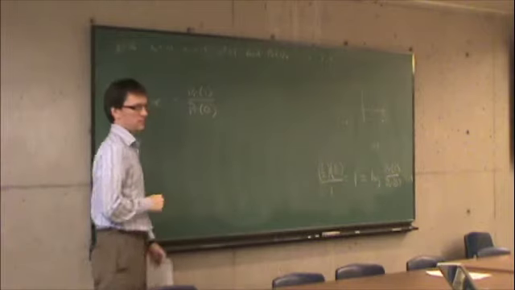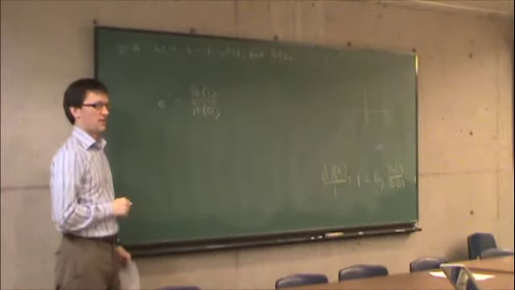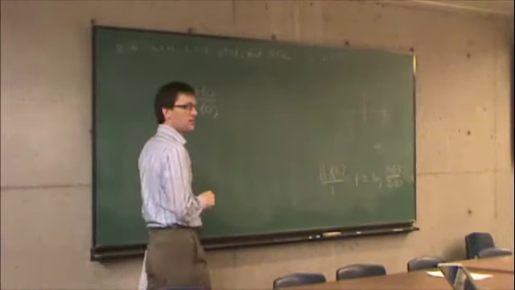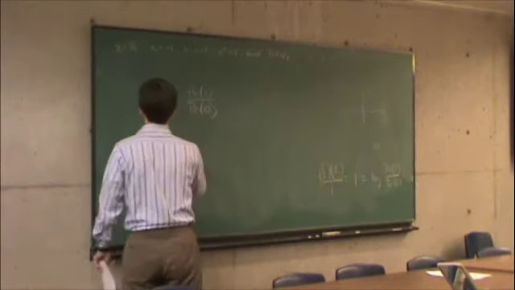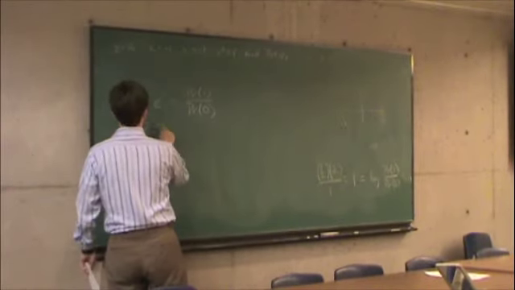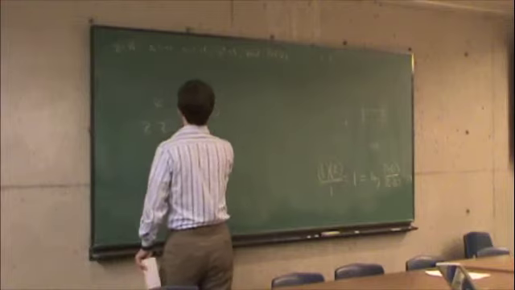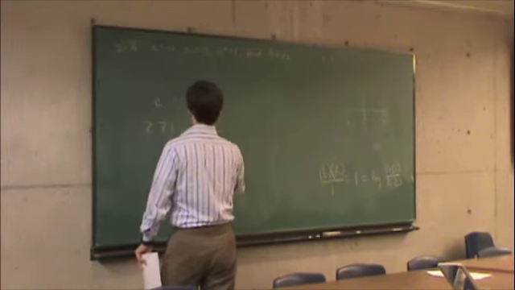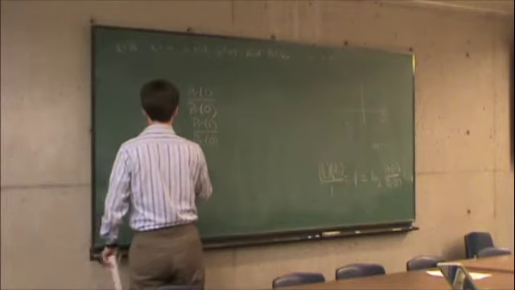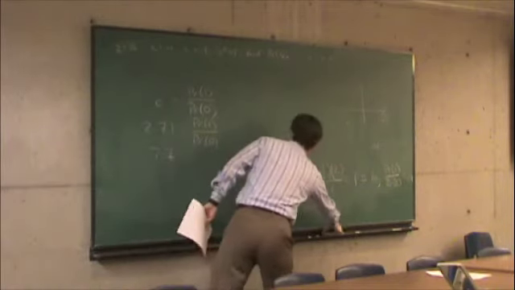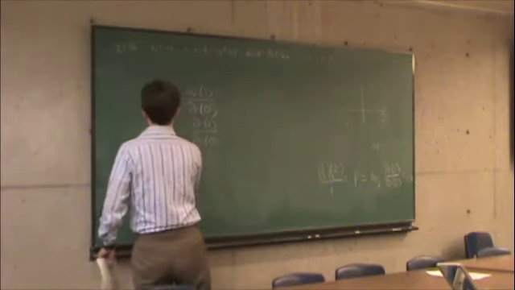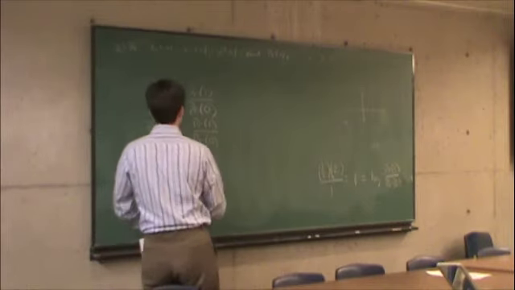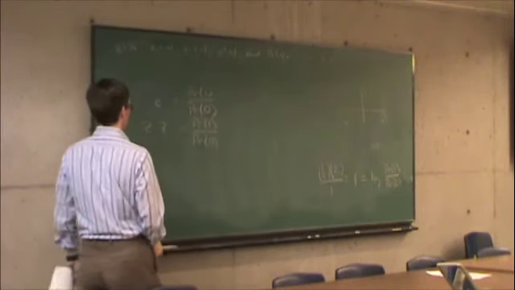What's e to the 1? Does anybody know what e is off the top of their heads? Yeah, 2.71 something. Let's just call it 2.7. It's pretty close. Okay, 2.7 is equal to that.